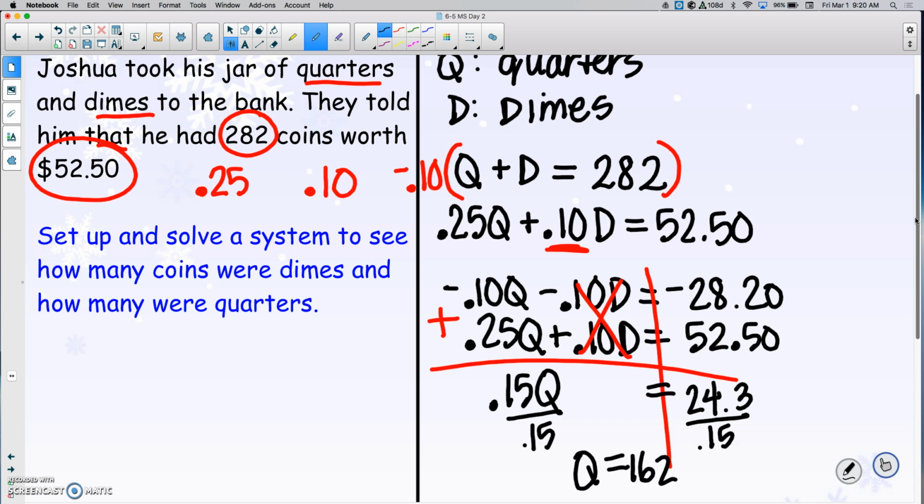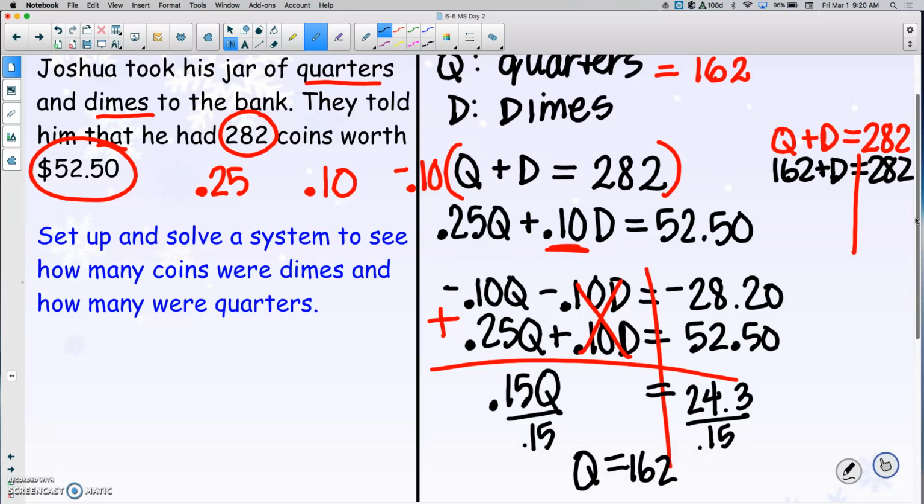So I have 162 quarters. Then if I go back to my top equation, it's actually just one step to solve this because they had to add up to 282. So I know that my quarters are 162. So all I need to do in my second equation is subtract. So if I subtract the 162 quarters, then I'll see what I have left for dimes. 120. So 120 dimes and 162 quarters were in his jar.